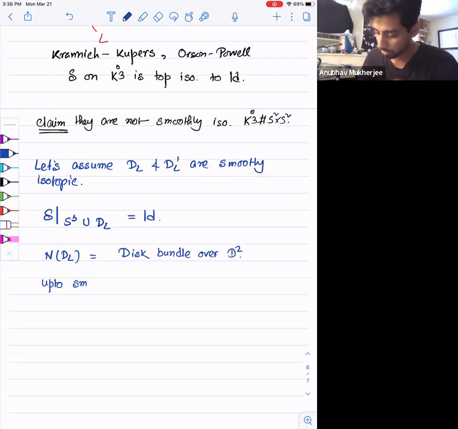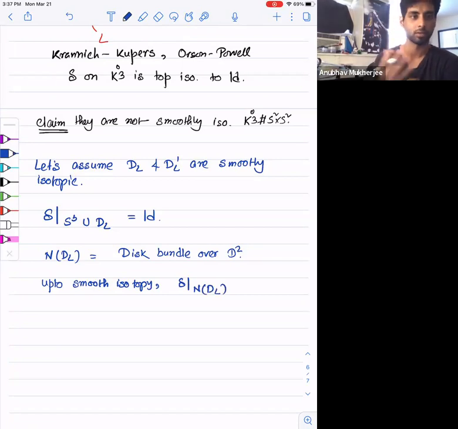So up to smooth isotopy, delta restricted on the neighborhood of DL, or you can restrict on each of the disks and its neighborhood, is a bundle map. By bundle map, I mean that it is preserving the fibers.